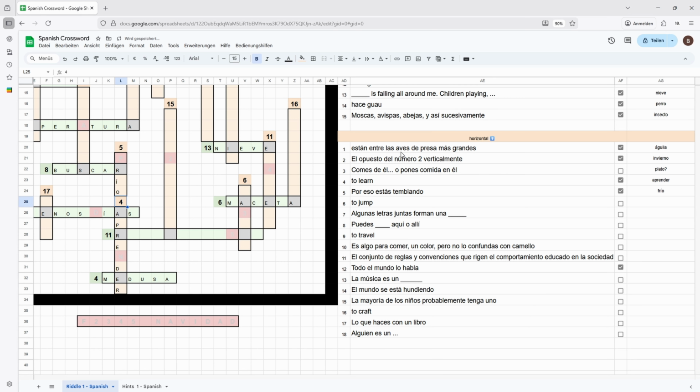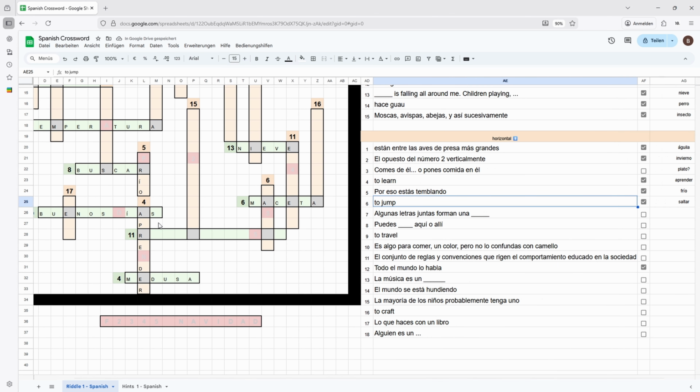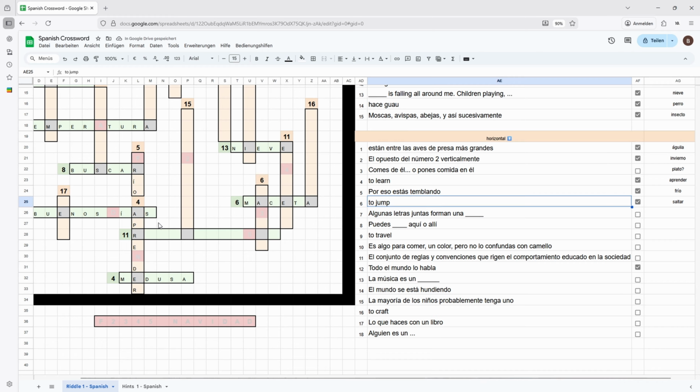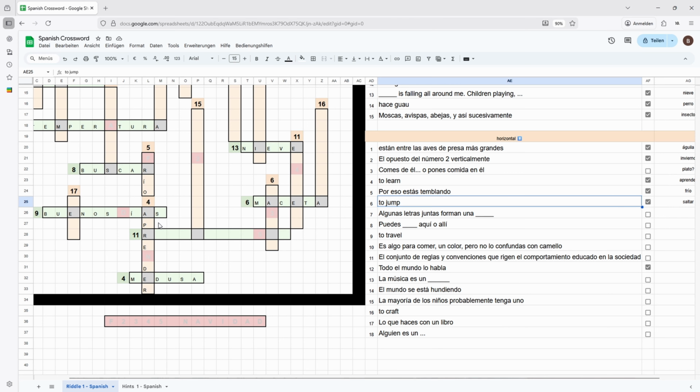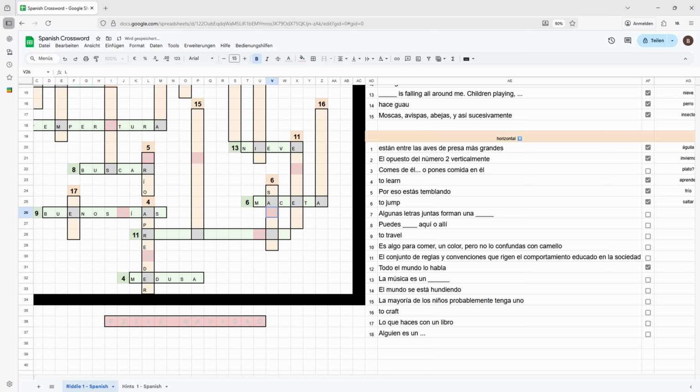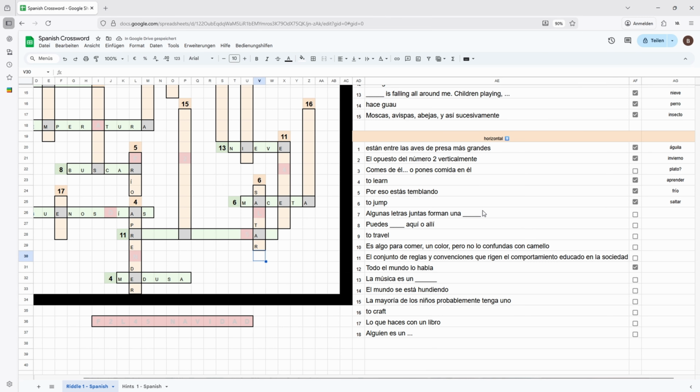To jump. That's a really simple word because anyone who can do a salto is I'm jumping. So saltar, we are here. And yes, my brain is working like that.